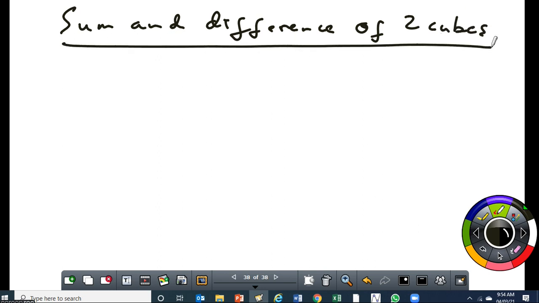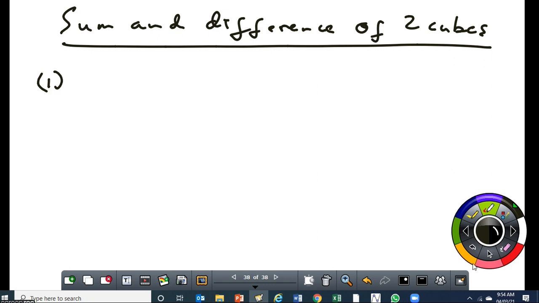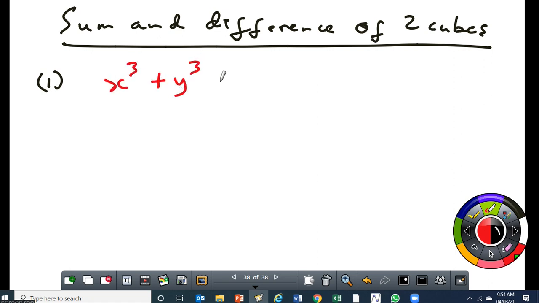All right. In mathematics, sometimes we've got algebraic expressions that are called the difference of two cubes or sum of two cubes. So, first one, if I give you, say, x cubed plus y cubed, and if you are asked to factorize this, you need to know that from now on it is possible to factorize a sum of two cubes.